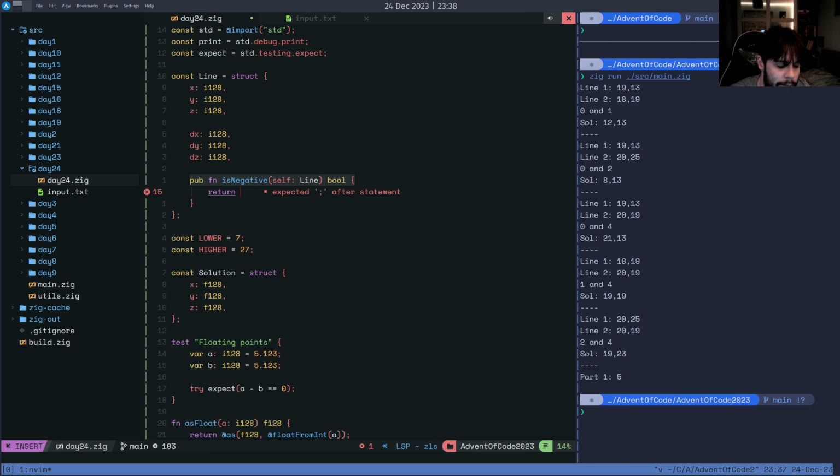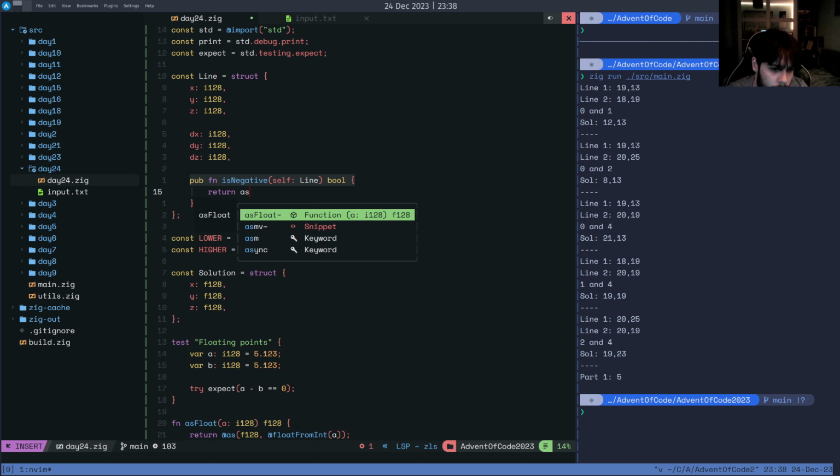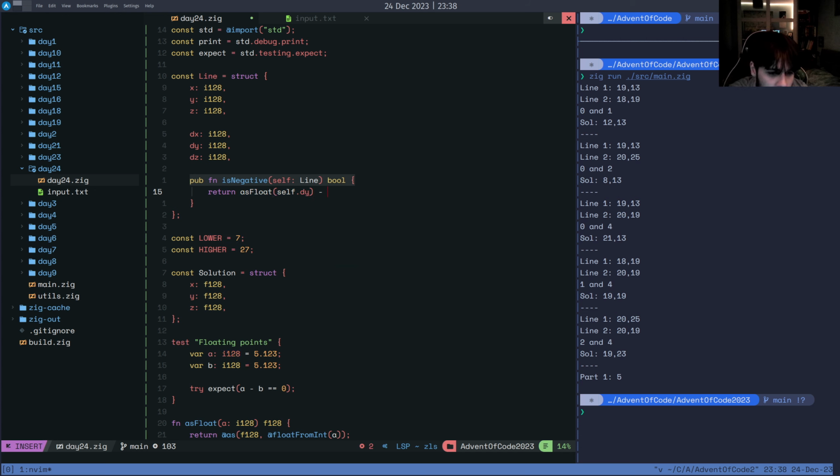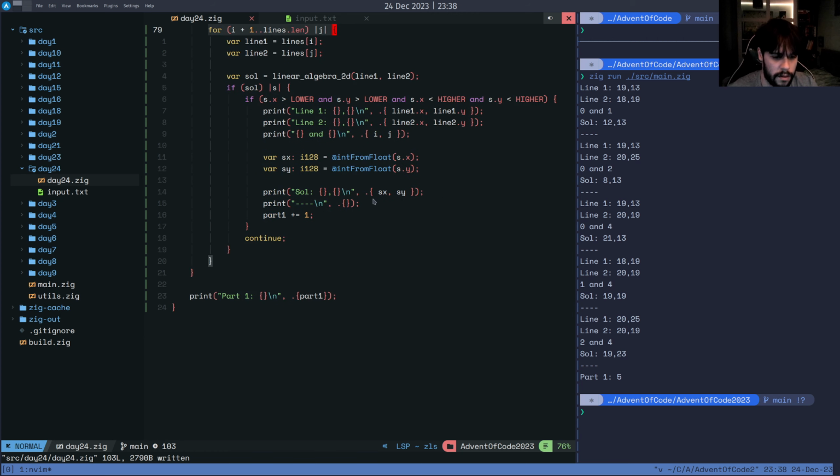Return. Oh my god, I am silly. Return as float self dot dy minus as float self dot dx is smaller than 0, because we're asking if it is negative or not.